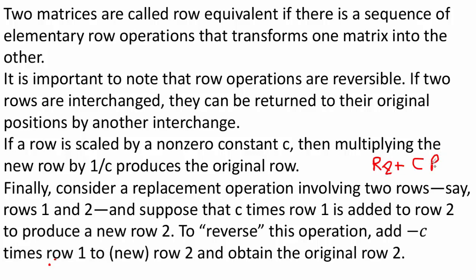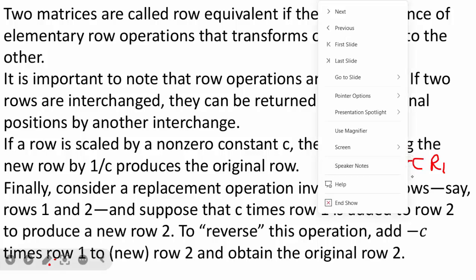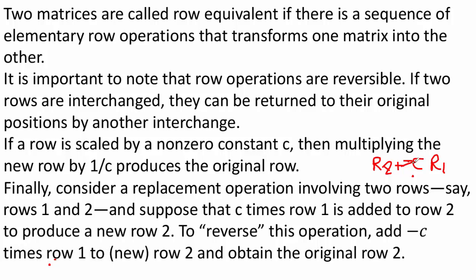This operation you had applied and obtained a new matrix. Then to reverse the transformation, what you have to do? You have to multiply row 1 by minus c and add to the newly obtained row 2. That means R2 minus c times R1. This is the reverse transformation of R2 plus c times R1.